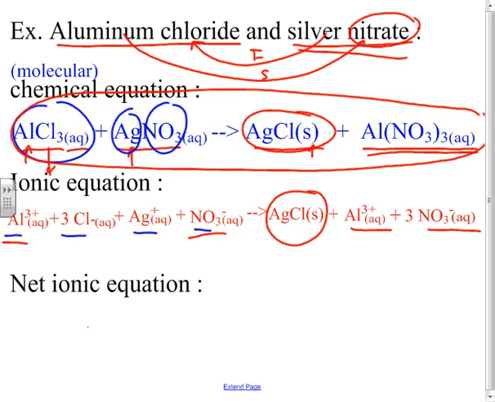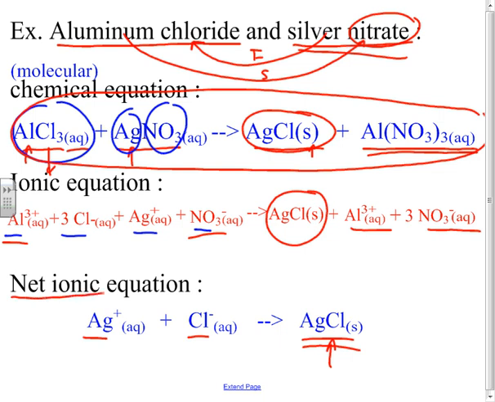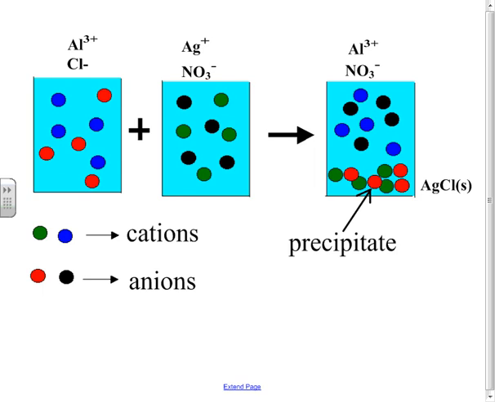And so if we want to write the net ionic reaction, what I always suggest is you write the precipitate first and then work backwards, asking yourself what ions are going to form the precipitate, and the answer is 1 silver ion, 1 chloride ion form the precipitate. So the net ionic reaction shows only those ions that form the precipitate. All the rest of the ions we call spectator ions. They stay in solution.